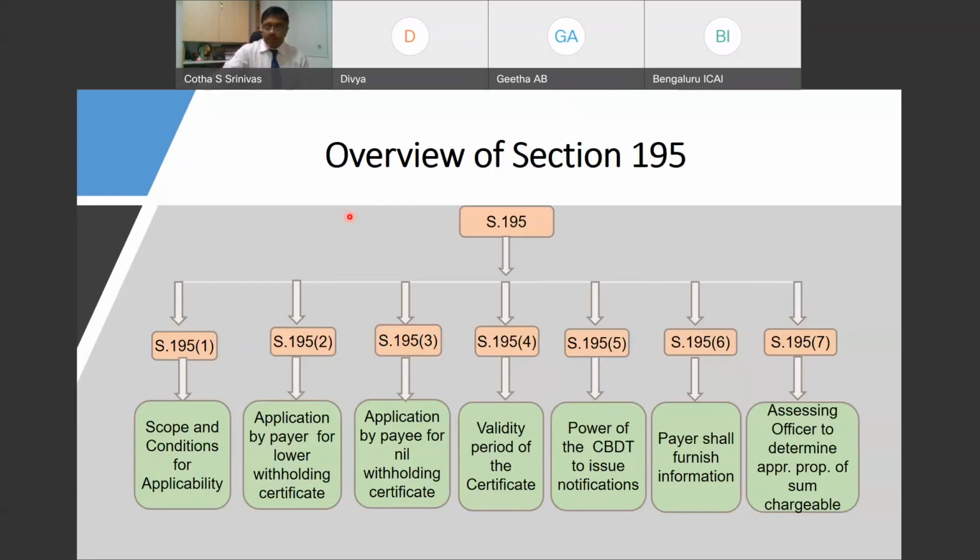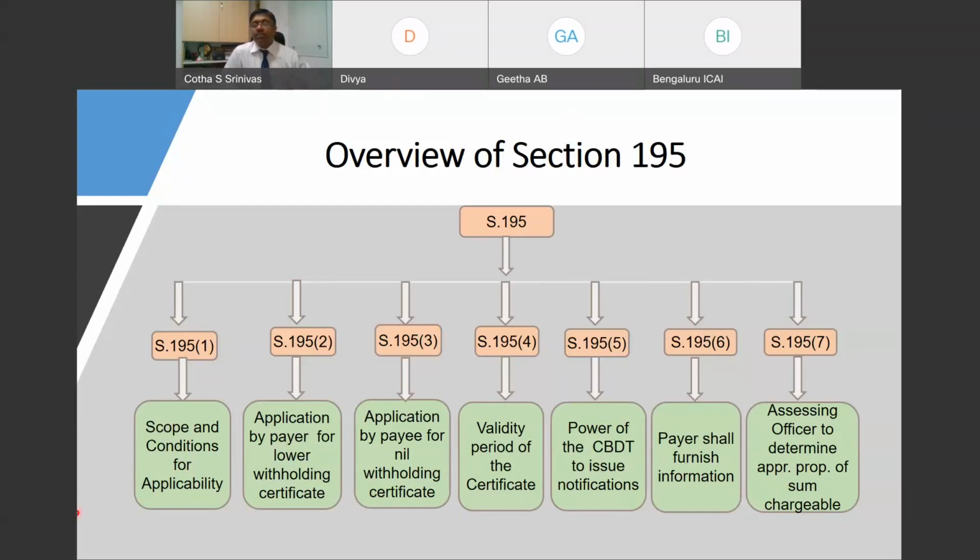Okay, let me discuss this overview of section 195. Section 195 has 7 subsections. 195(1) deals with scope and conditions for applicability. 195(2) discusses application by the payer for a lower withholding certificate.